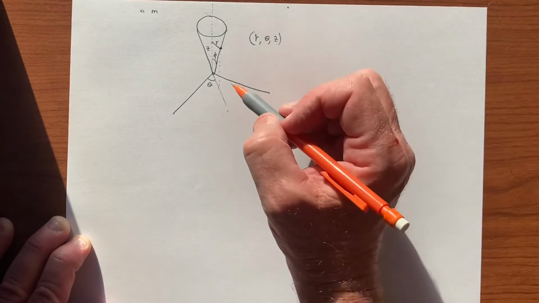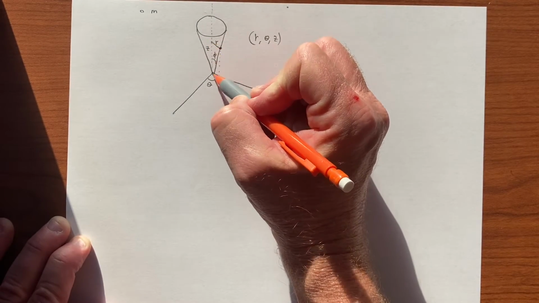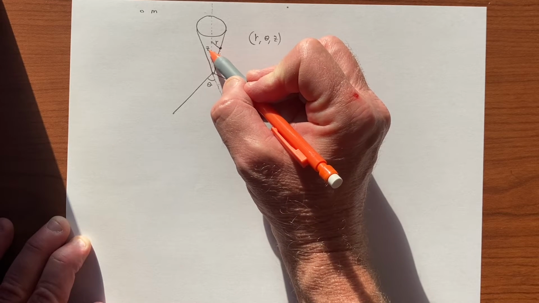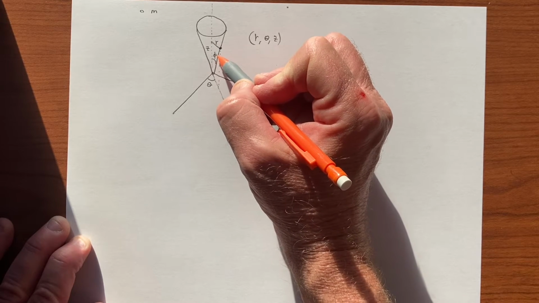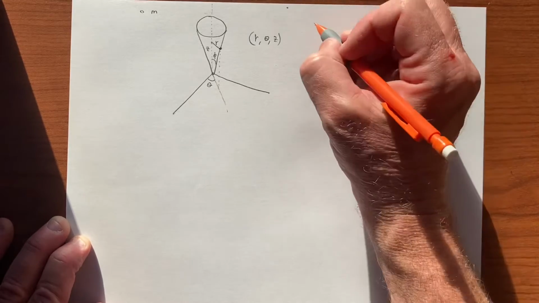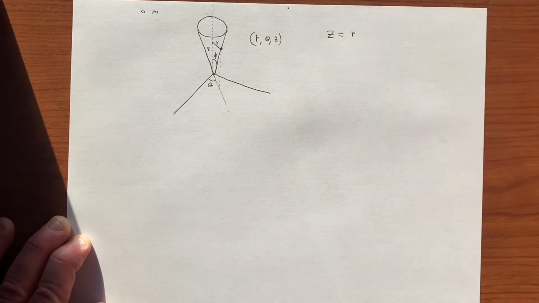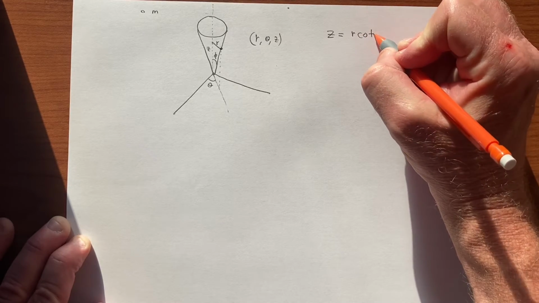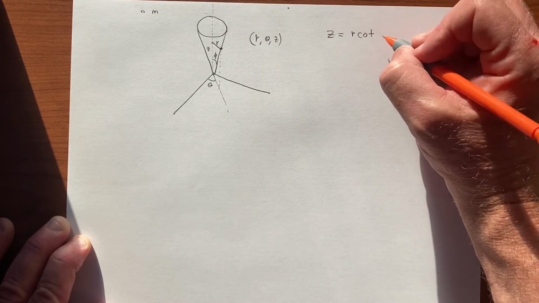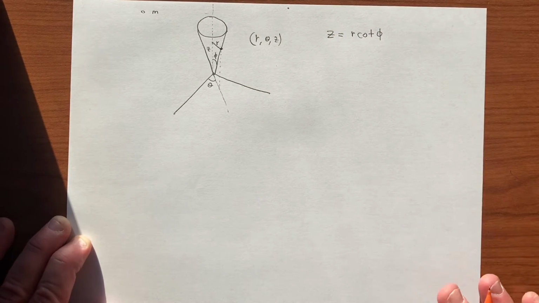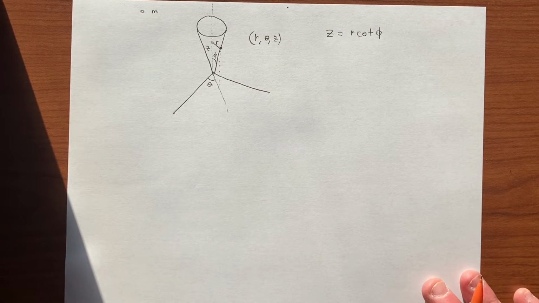But the constraint is such that here we see we have a right triangle, opposite is r, adjacent side is z. And so we have the constraint that z is related to r by the cotangent of phi. So the cotangent of phi is z over r, right? It's adjacent over opposite.